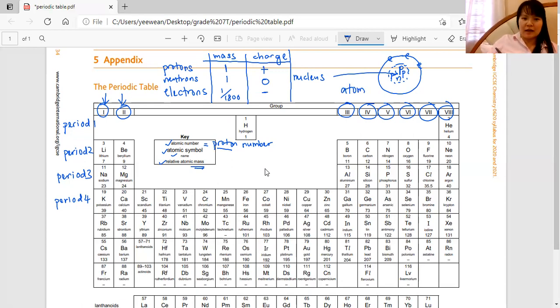So if someone were to ask you, what is the number of neutrons in lithium? Okay, so we know that lithium weighs 7. And out of that 7, 3 is the protons. So this is the mass. 3 is the protons.